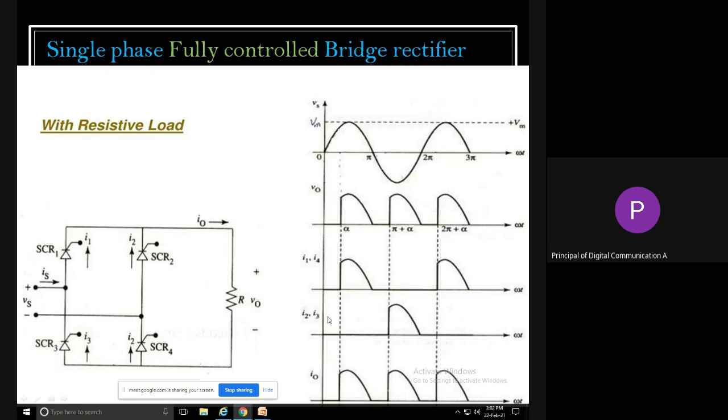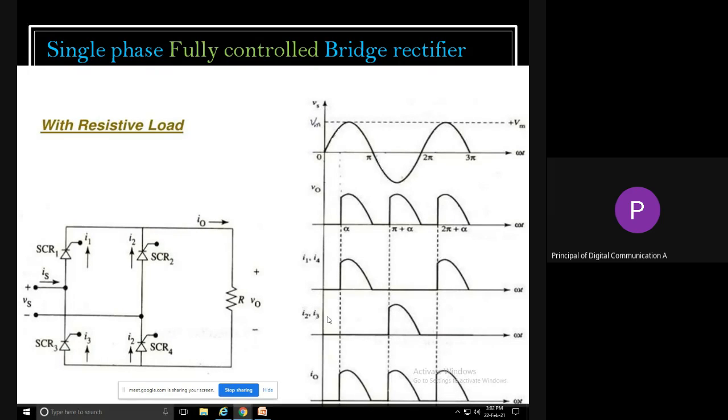Again at the same angle, at the same moment, SCR2 and SCR3 start conducting, and once they are on, the current flows through them and we get the respective output. That is, the output follows the input.